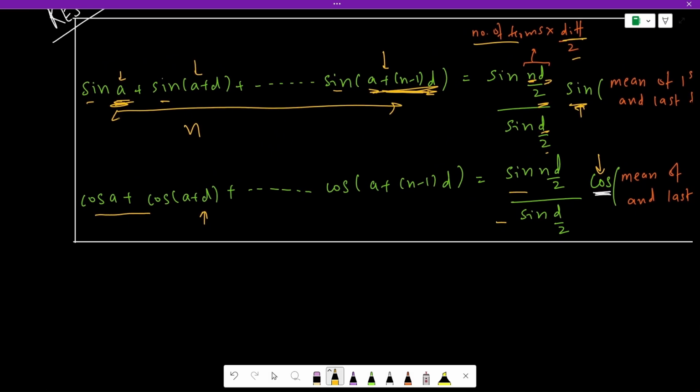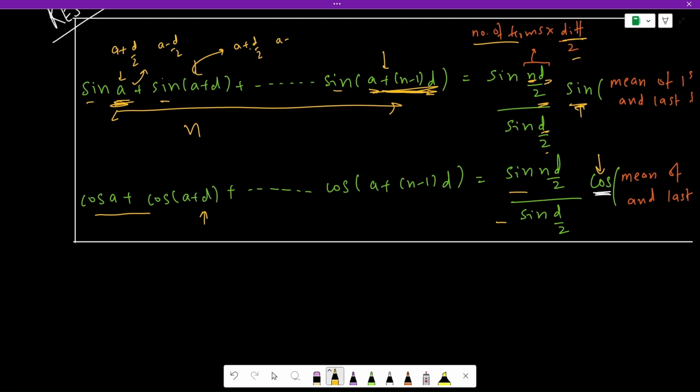To solve it, what we need to do is to somehow break this into a plus d by 2 and a minus d by 2, right?